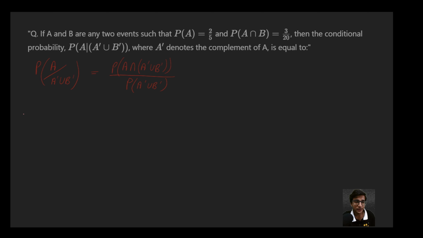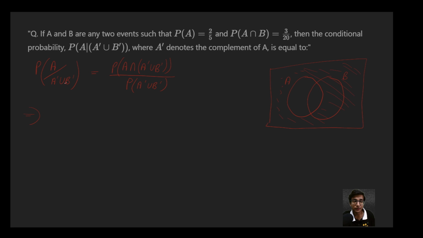In this type of case, first let us try to understand this by drawing a Venn diagram. I had told you, whenever you see such questions, it is recommended that you draw a Venn diagram. You draw this diagram, this is our A, this is our B. Now let us try to understand this A complement union B complement. A complement means the portion all except A, and B complement means the portion all except B. If we remove A, we are highlighting this portion, and since it is a union, it will be everything.